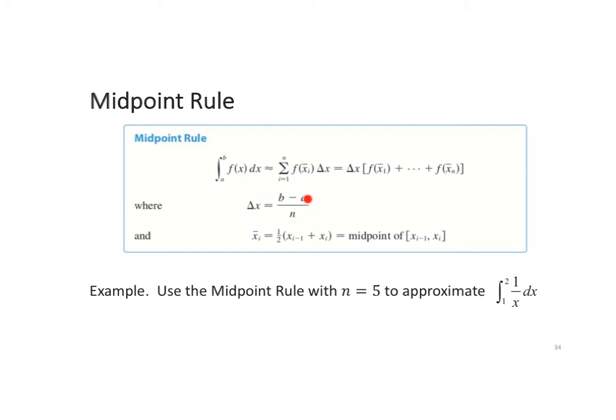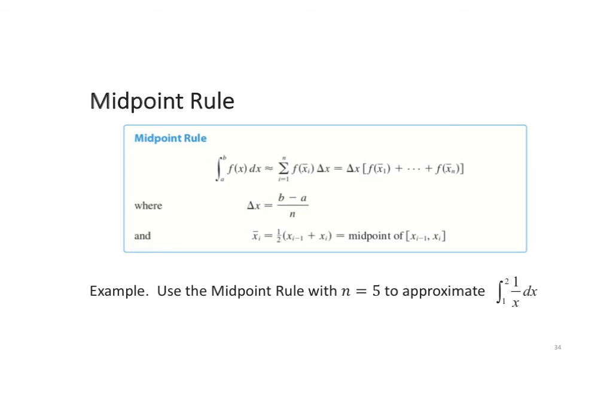Delta x is b minus a over n, and xi bar, that midpoint, is given by this formula. It's the average of xi minus 1 and xi, which is the midpoint of that subinterval.